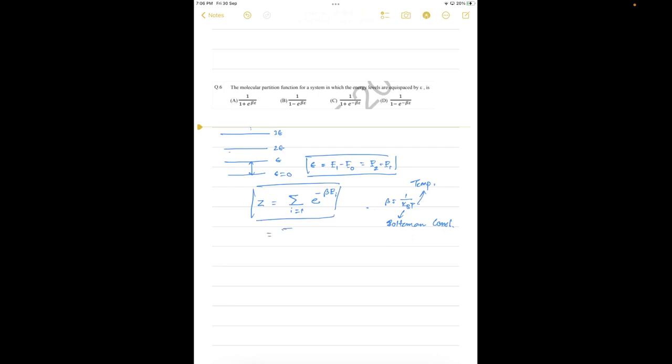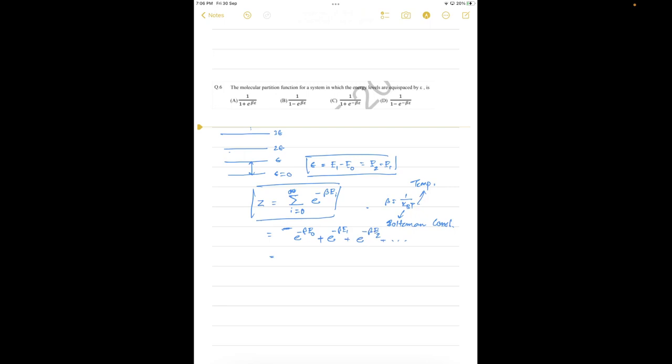It will be the sum of terms: the first term e to the power minus beta E0, with i equal to 0 to n or to infinity, then e to the power minus beta E1, plus e to the power minus beta E2, like this.